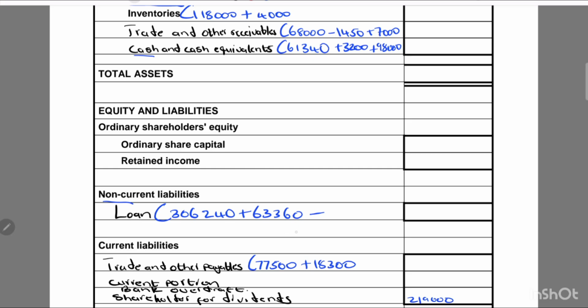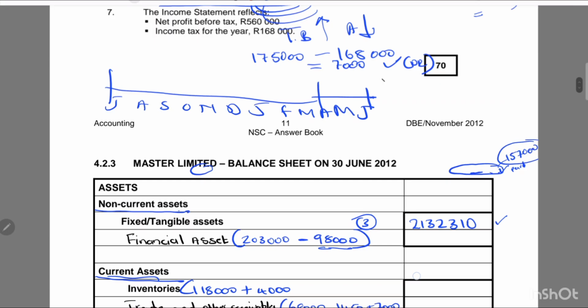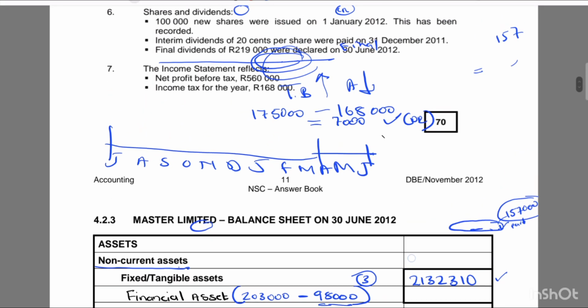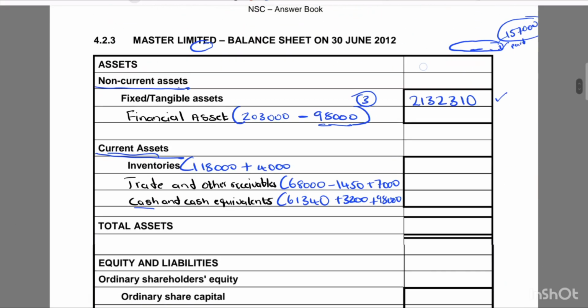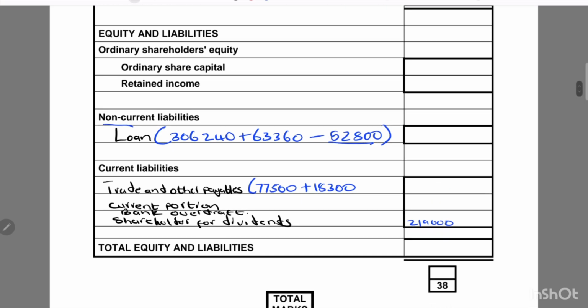So that's why now we need to take it out here under non-current liability. How much is the amount? The amount is 52,800. You take it out here, and then immediately when you take it out here, you come here under current portion, and then you put it here, because it's going to be repaid within 12 months.